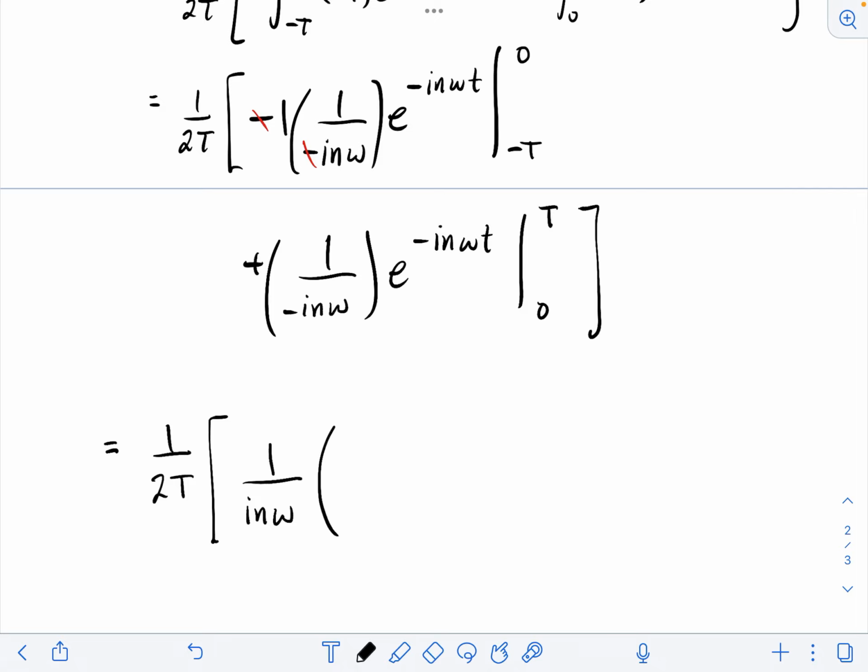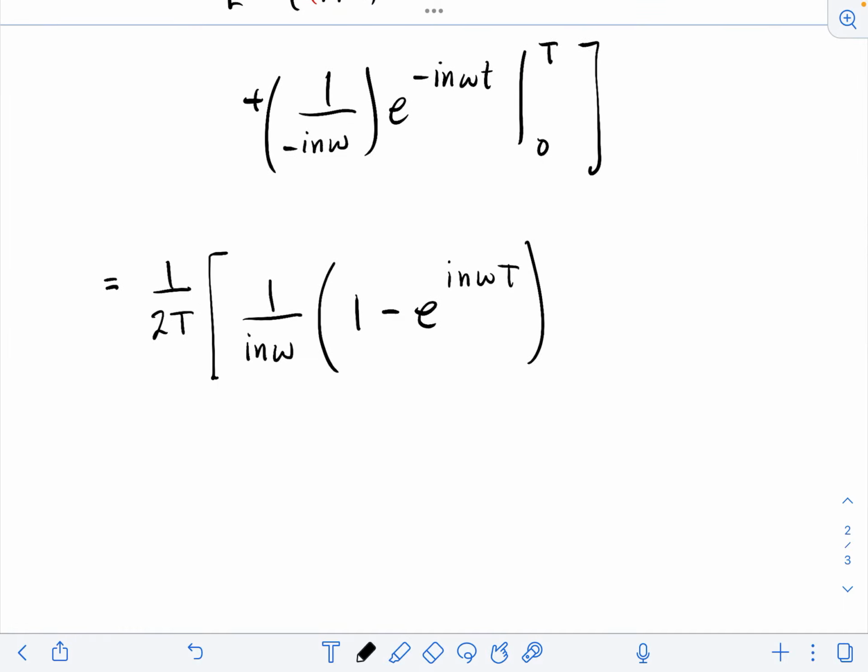And then we have e to the 0, which is a 1, minus e to the minus i n omega t at minus T. So I think we get a plus i n omega times capital T. Okay. And then we have the second term. So we'll have a minus 1 over i n omega. And then putting in our limits, we have e to the minus i n omega T minus e to the 0. And so that's just a minus 1.